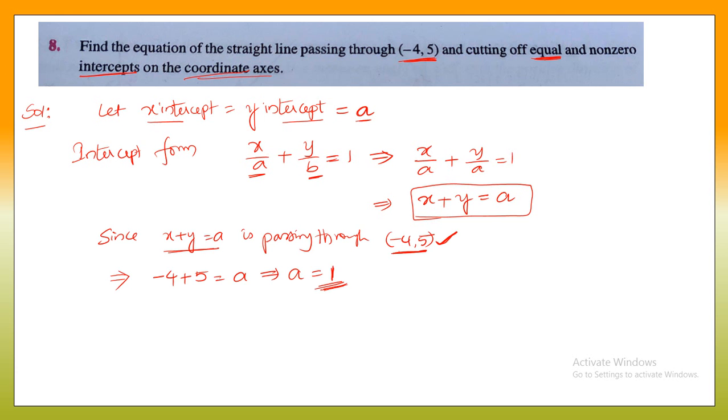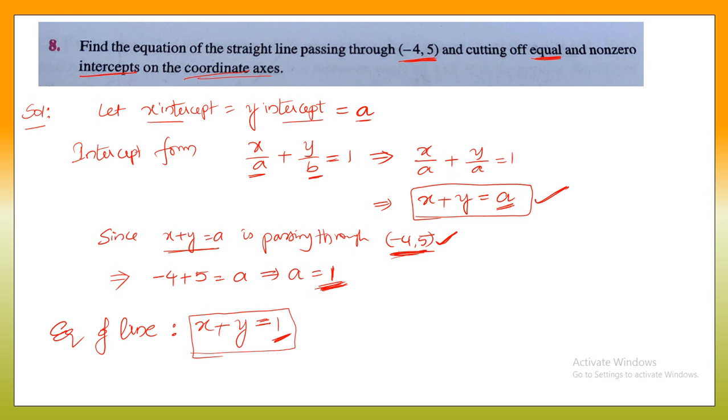So directly we got the intercept. Finally, I can write down the equation of the line. Instead of a, I substitute 1, which I have obtained by substituting this point, so the line equation is x plus y is equal to 1.